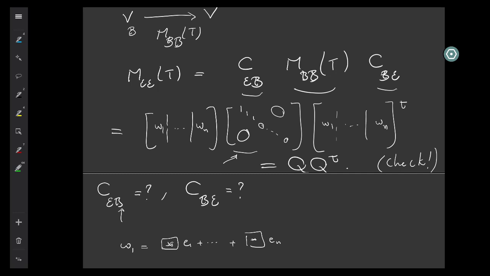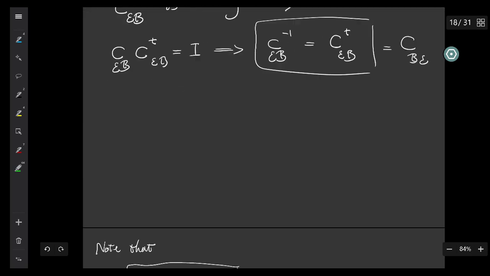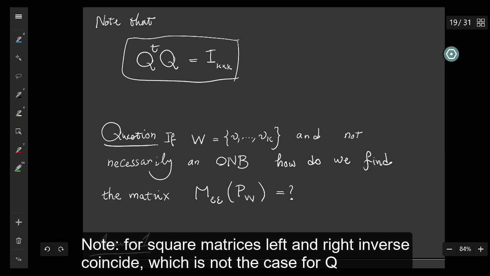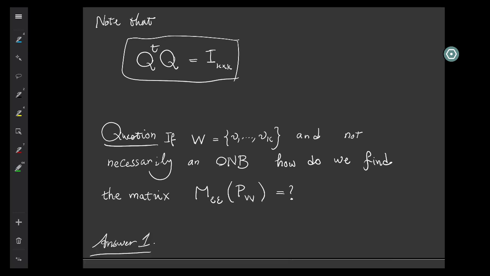So this is very nice. It's also important to say that Q^T Q, which is a k by k matrix, is actually equal to the identity of size k.